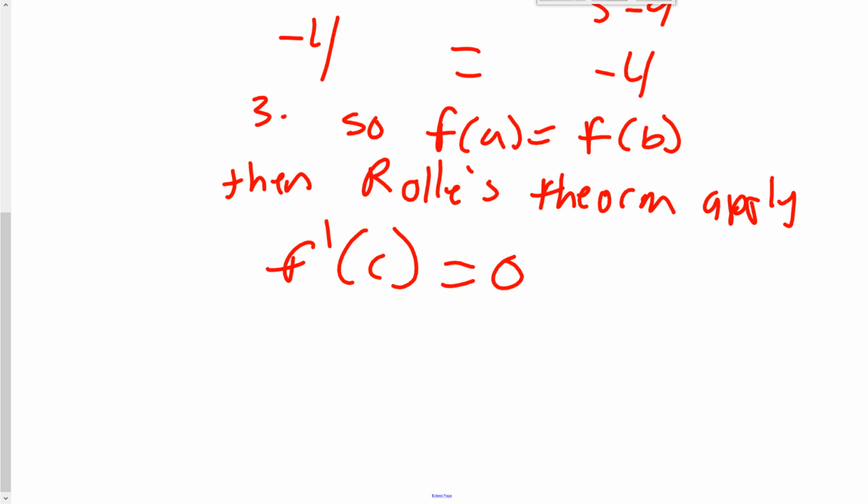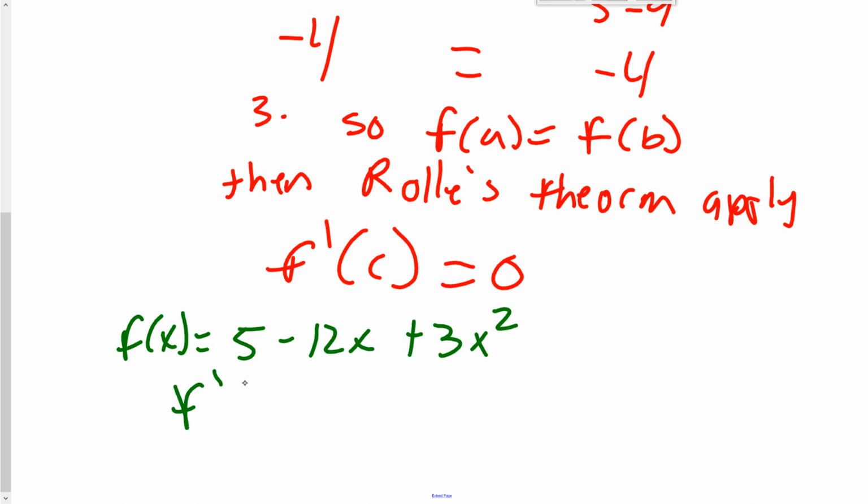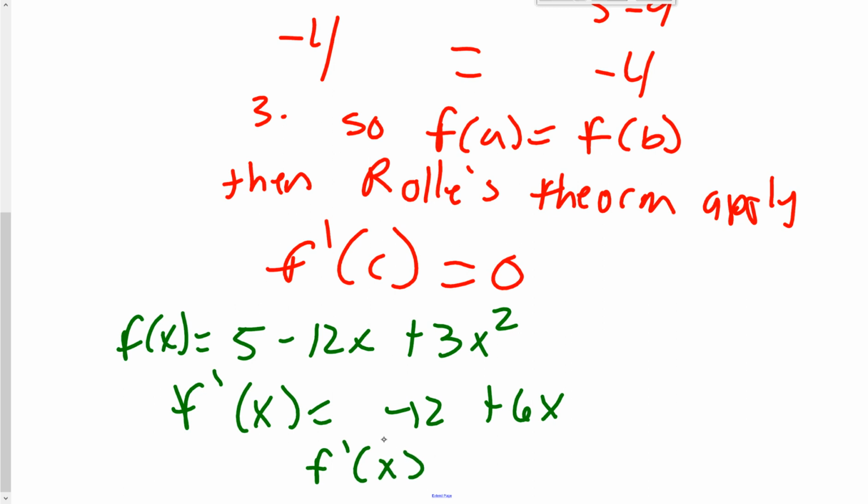Now I can apply this, and I can take this equation, and I can take the derivative of it, and then I can go ahead and set that equal to 0. So there's some c value that equals 0.